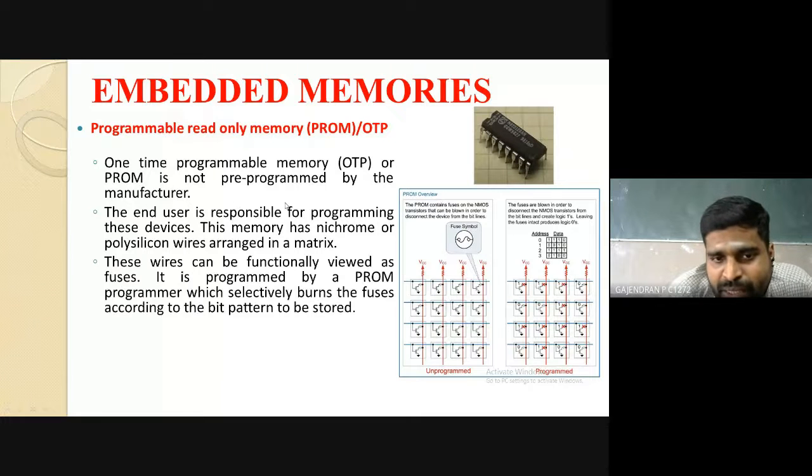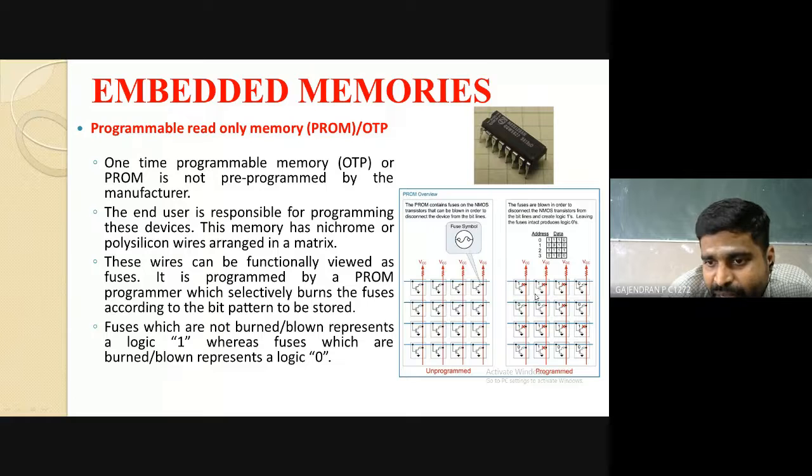In PROM, if you look here, you have an array of configurations. Here, programmed and non-programmed cells are different. If you check, you can find one fuse wire here. When the fuse wire is unprogrammed, it stays intact.